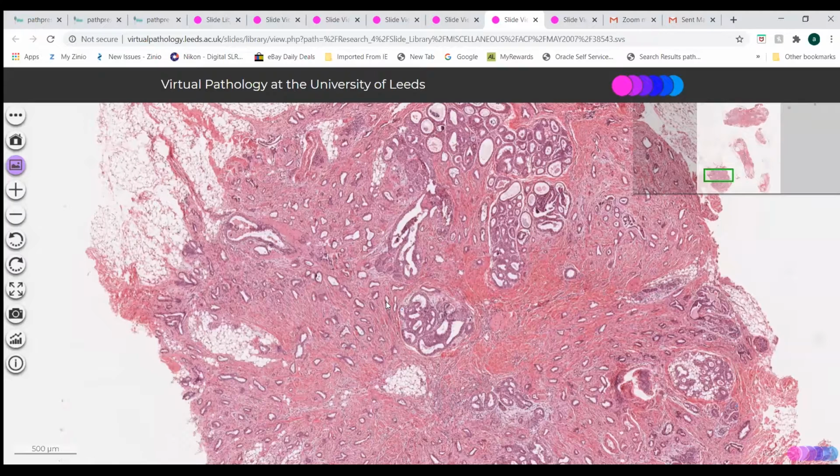Sometimes you get BRAF testing for melanoma. So this is another area that they love. Another one will be EGFR for adenocarcinoma of lung.